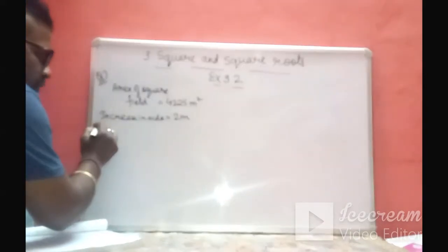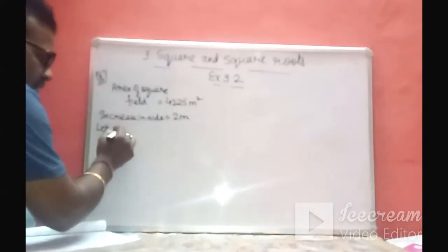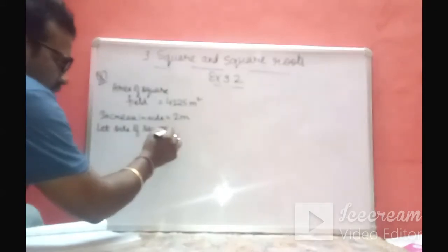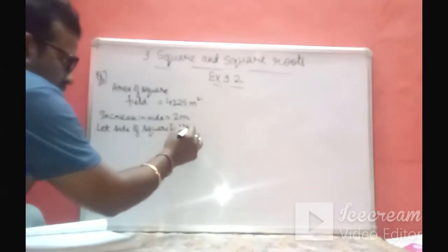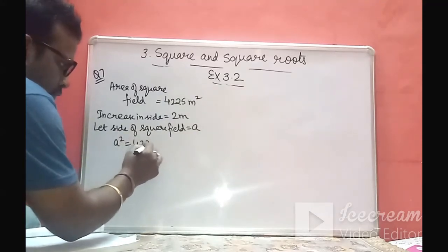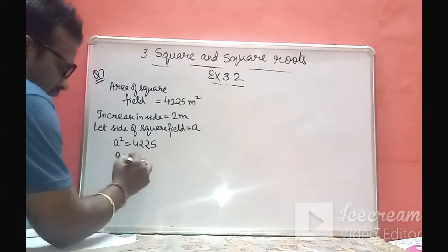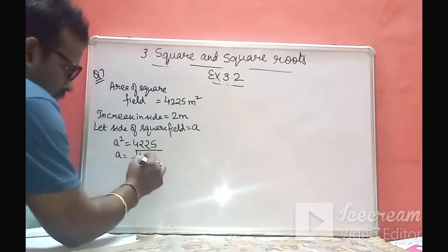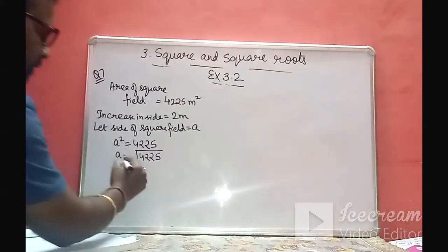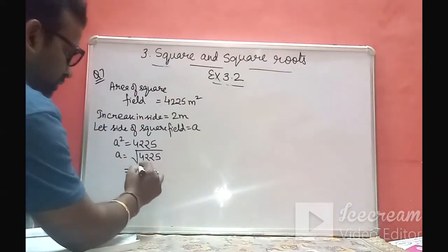So first we will calculate the side. Let the side of the square field equal A. So we know that A square equals 4225, and what is A? A will be the square root of 4225. Then we will do the prime factorization of this.